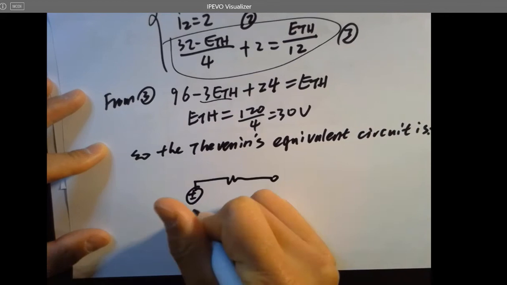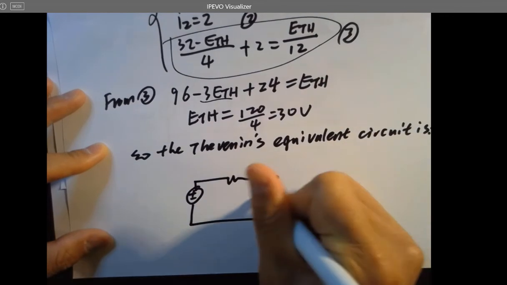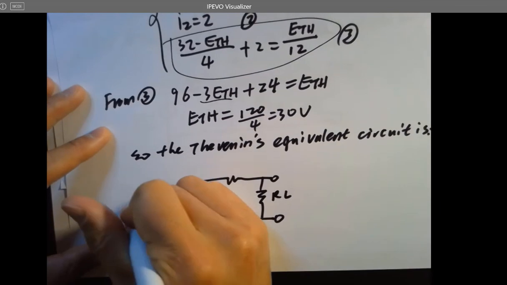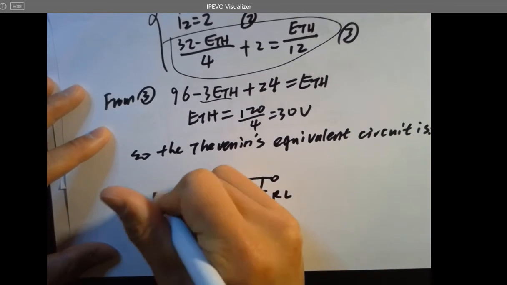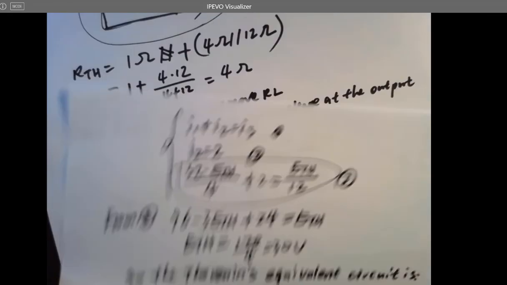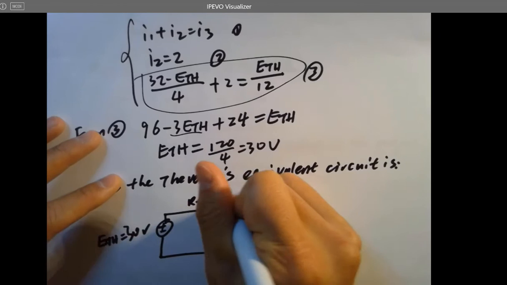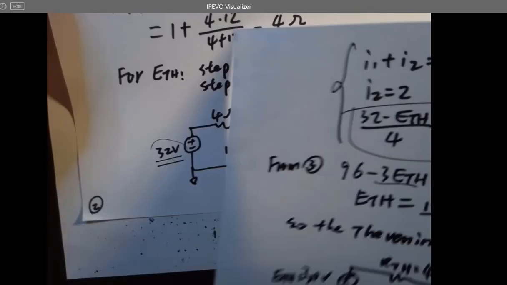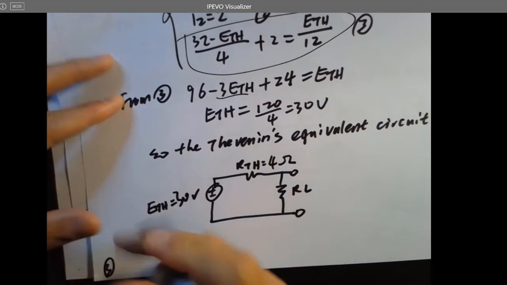It's a specific topology, which is RL. Doesn't matter what RL is. ETH is 30 volts and RTH is 4 ohms. All right, that's how you get your Thevenin equivalent.